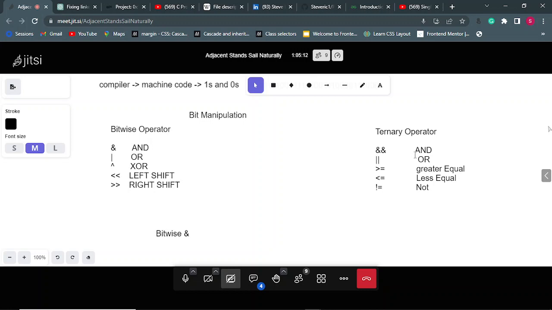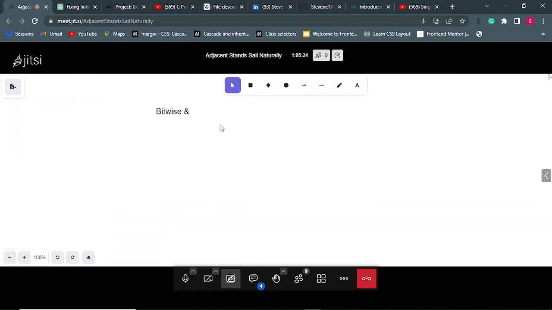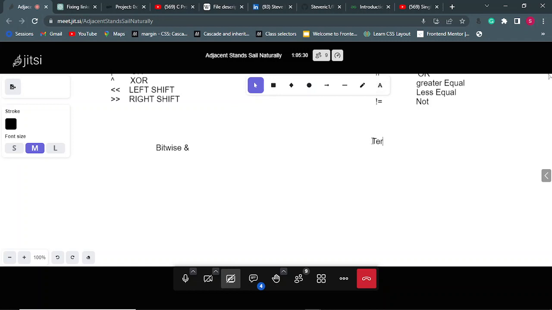Bytes and bits are different things. A byte is what we understand. A bit is what the computer understands. So let's move on. I will do the ternary AND first, before the bitwise AND.